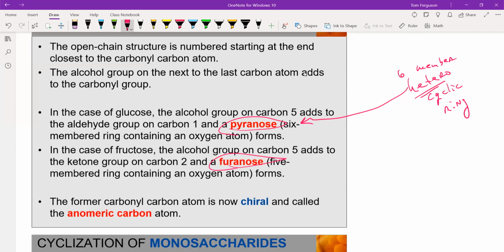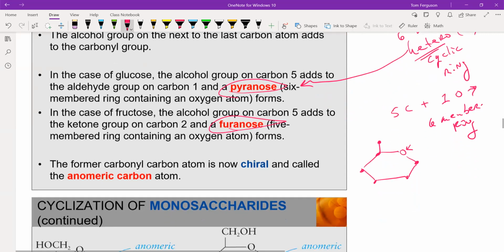The hetero part is because of oxygen. So you've got 5 carbons plus 1 oxygen, which gives you a 6-membered ring. Okay, so we have 1, 2, 3, 4, 5, and then the oxygen, 6-membered ring. This is another carbon right here that does not participate in the ring.